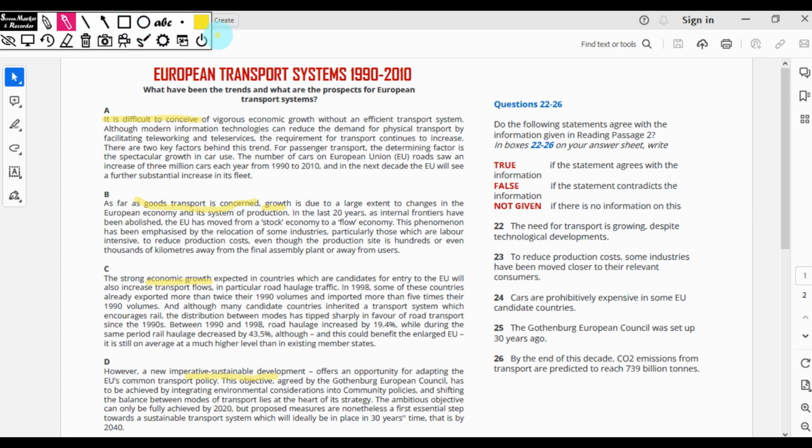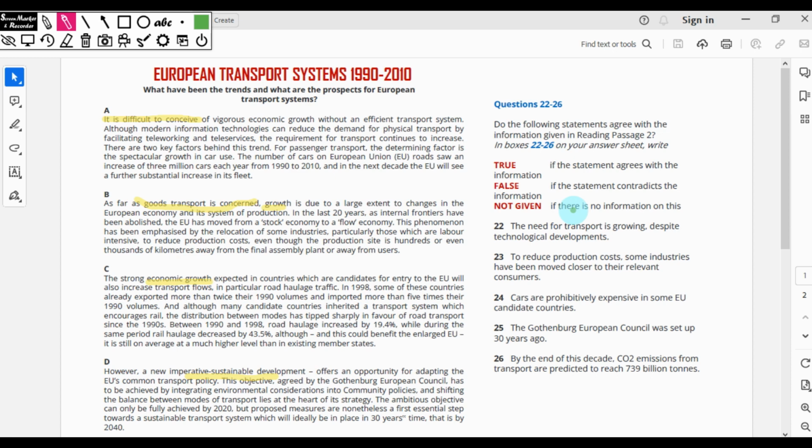Here is a question. True means the statement agrees with the information. False means the statement contradicts the information. Not given means there is no information in the passage. So you need to first identify the true.